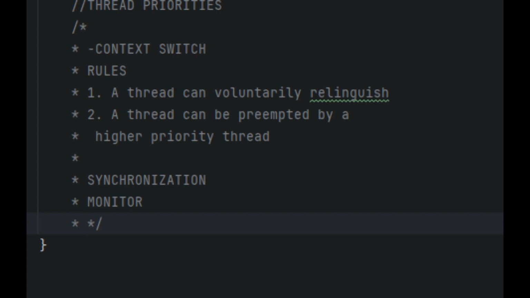Now, the monitor is actually a mechanism that was defined by C.A.R. Hoare. I don't know if that's the correct pronunciation. You can think of the monitor as a very small box that can only hold one thread.